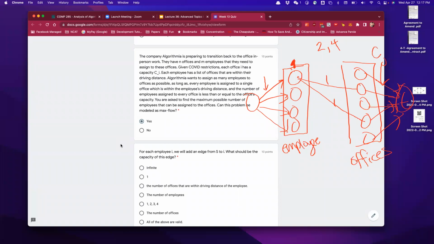Yes, but that is different from max flow. I'm trying to use max flow for this. This problem is actually easier than what you would need for deferred acceptance, because deferred acceptance you need it when both sides have preferences, right? In this case, only one side has a preference, so we can actually solve it with max flow. But we want to encode that only one employee can be assigned to one office. How do we enforce that restriction with the capacities?